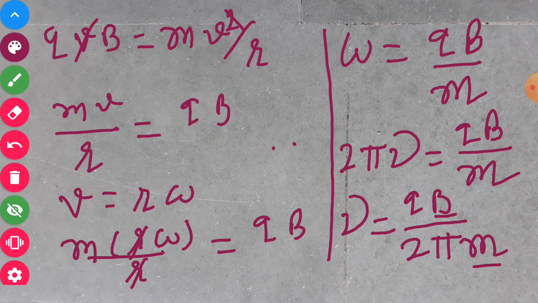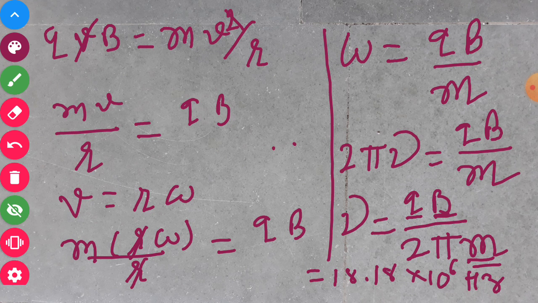Then the mass of the electron is also known to us, 9.1 into 10 raised to minus 31 kg. So if you put all these values of charge of electron, magnetic field, mass of electron, and 2 pi, this will be about 18.18 into 10 to the power 6 hertz. So this will be the frequency.